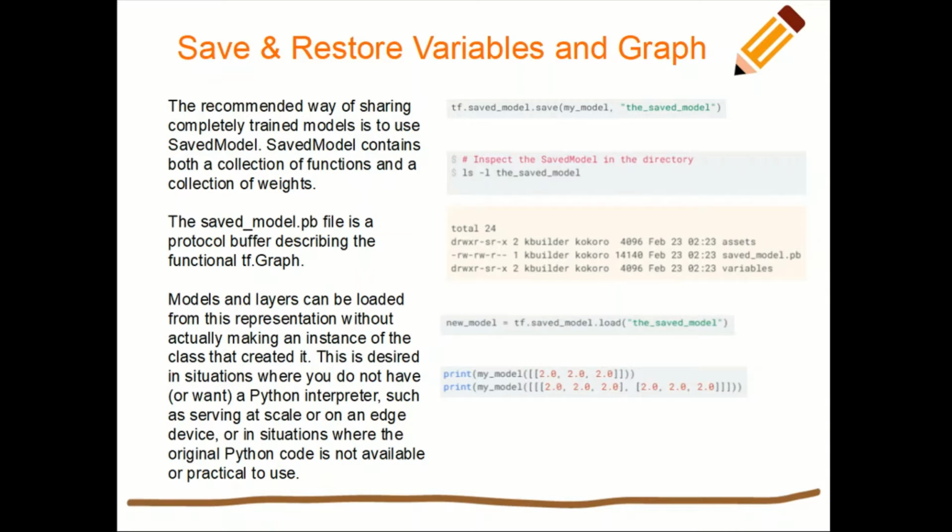now the second option is to save weights and the computation graph. For that we use the tf.saved_model.save method, and we give it our model and the path where we want to save the model, and that's it.